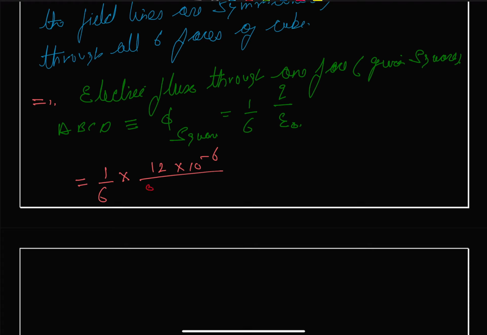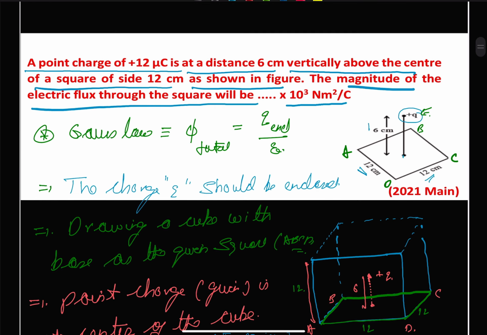So the flux associated with the square face is 2.26 into 10 to the power 3. Therefore, our answer is 2.26 into 10 to the power 3.